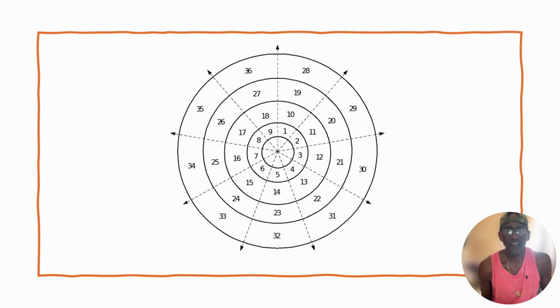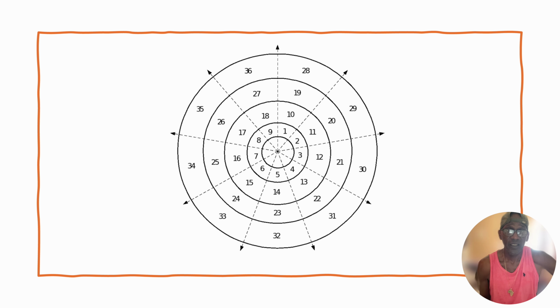Now, let's apply this to a practical example, finding the root number of a date of birth. So supposing someone was born on December 16th, 1985. First, we break down the components of the date. So the day is 16, which reduces to 1 plus 6, which is equal to 7.